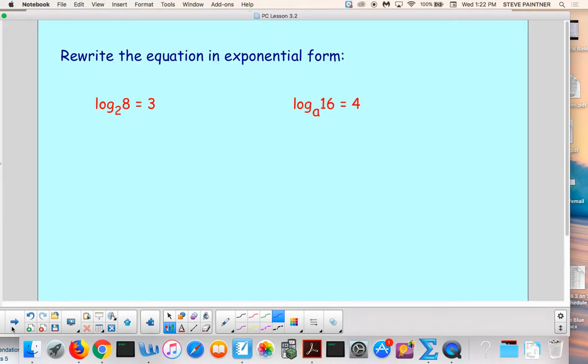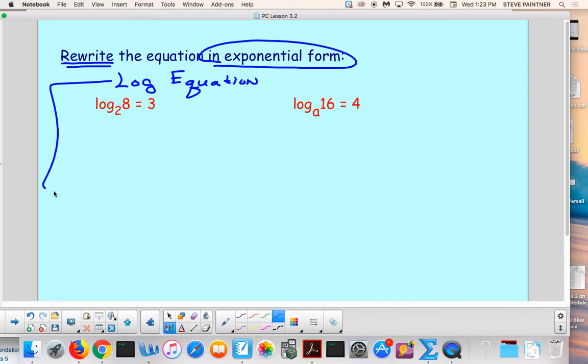I'm not asking you to give me an answer. I'm asking you to rewrite this equation. And by the way, this is a log equation. Rewrite it as an exponential equation, okay? So do what you saw in 3-1.